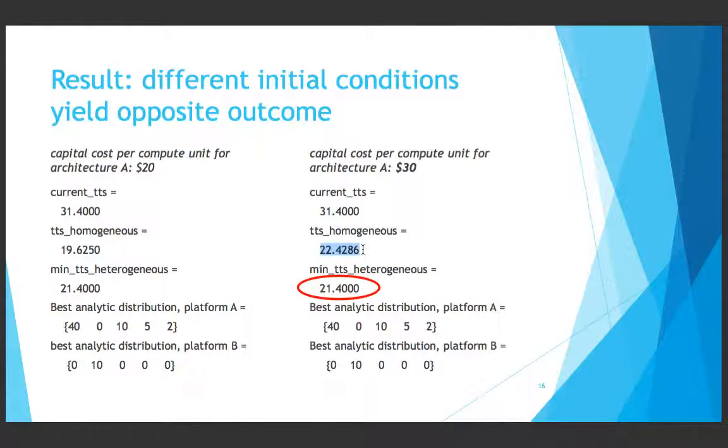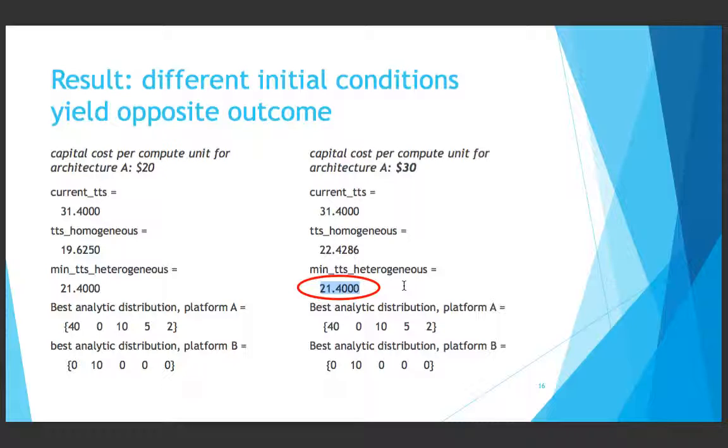So now this value has increased and it's exceeded what we had when we just bought more B. So again, when I bought architecture B, one of the applications ran there and the other applications stayed on A, and that time to solution is now lower than if I had just bought A. So therefore, in this case, it makes sense to augment my existing 5 compute units of A with however much I can buy of B.